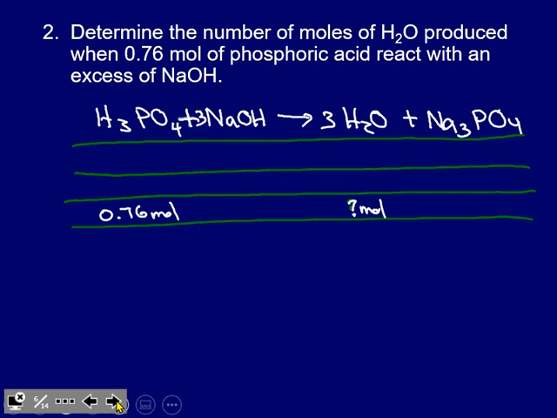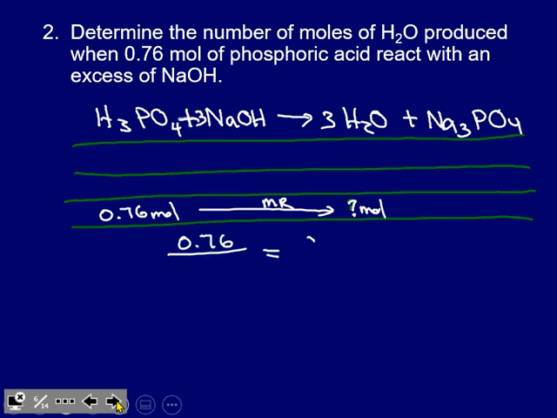I can go across the mole line with the mole ratio. So I will set up a ratio between the phosphoric acid and the water. I'm not interested in the sodium hydroxide at this point. Could ask that question, how many moles of sodium hydroxide is needed, but that's not what we're asking. 0.76 over what?